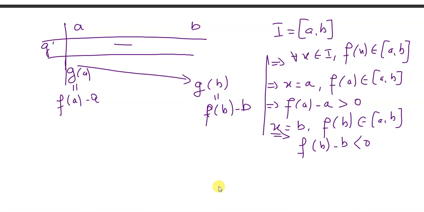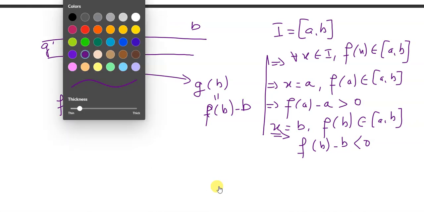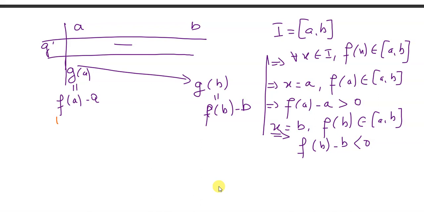So here we can see that f of A minus A is a positive value, and also f of B minus B is a negative value. So the function is going from a positive value to a negative value. This means that there exists C that belongs to AB such that g of C equals 0.